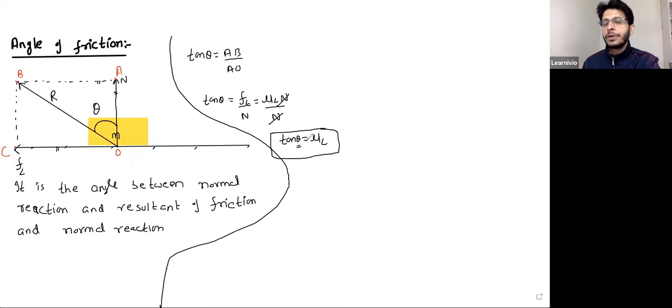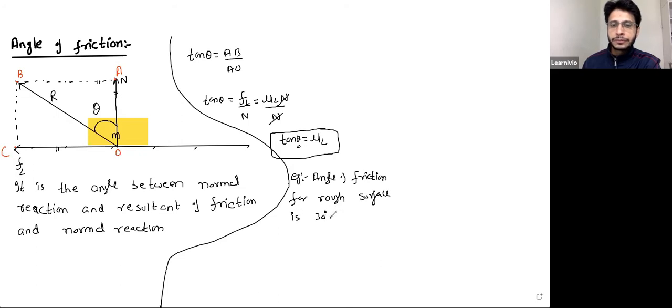So this is the use of angle of friction. If you have the angle of friction, then the tangent of the angle of friction will give you the coefficient of friction. So we could use this in numericals, like if the angle of friction for a rough surface is 30 degrees, calculate the coefficient of limiting friction.